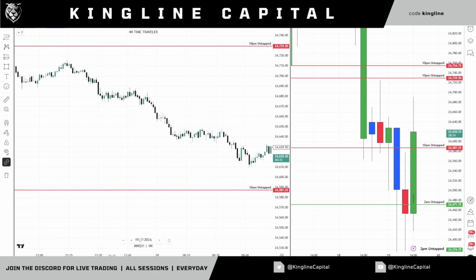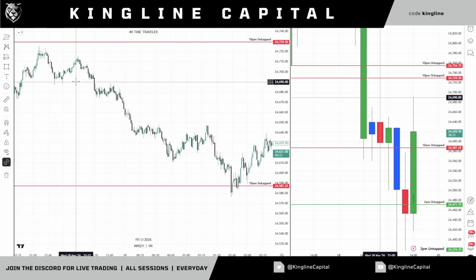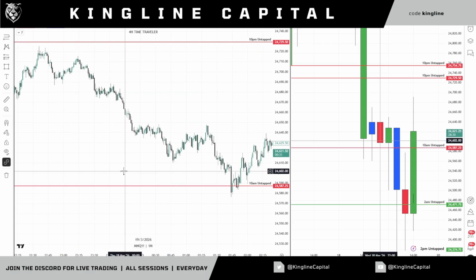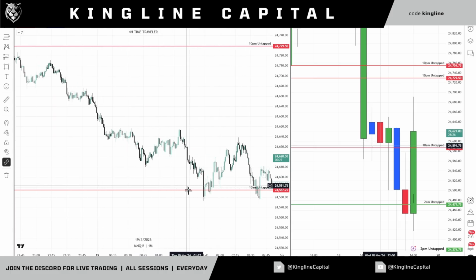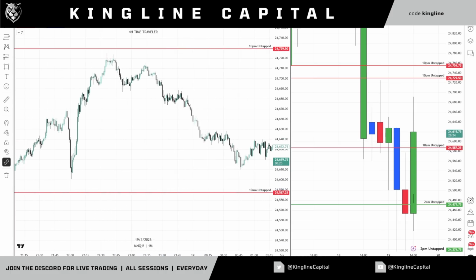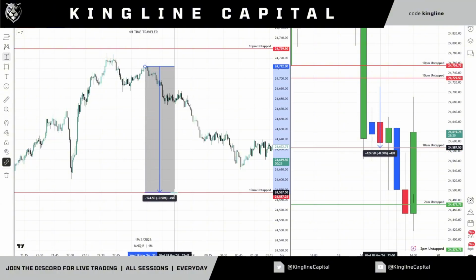That's a really nice move from here all the way back down to here, where it failed to tap it at open, and then it finally does. So you're looking at 124 points in Asia during one 4-hour candle. Okay, that could be enough to finish your day.